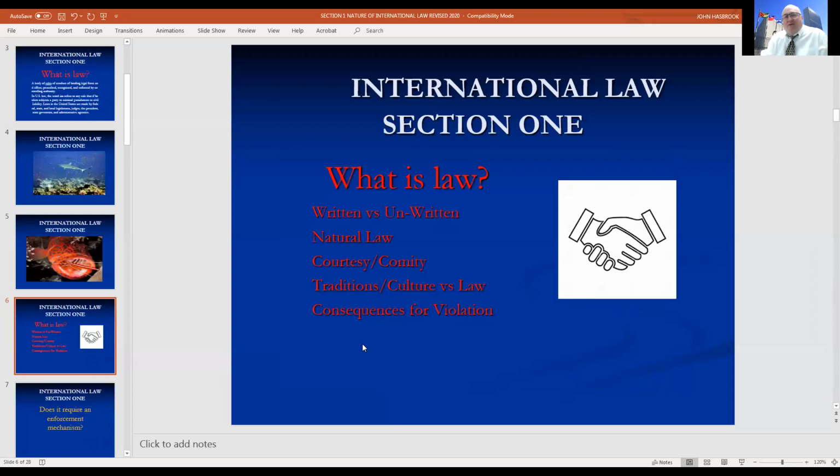So, what is law? Law is clearly written rules created by legislative bodies domestically. They may be unwritten rules through conduct or ways of activity, such as natural law that we've just discussed. Those all have in common the same basic idea that there is some sort of behavior or action.